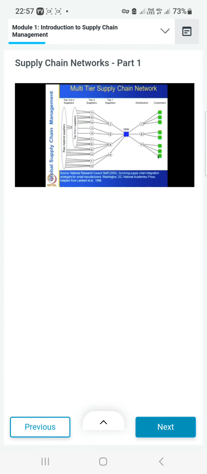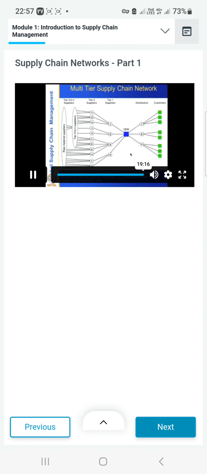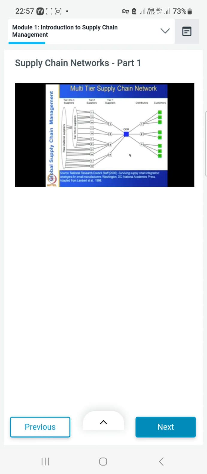If the lead content is more, then if the child licks the paint and puts the Barbie doll in the mouth, it could be poisonous. There have been several accidents like this in the past. So it's important that the multi-tier supply chain is mapped well. And of course, in the forward direction, you have the distributors and finally the customers through the retailers. So this is an important diagram for supply chain researchers.